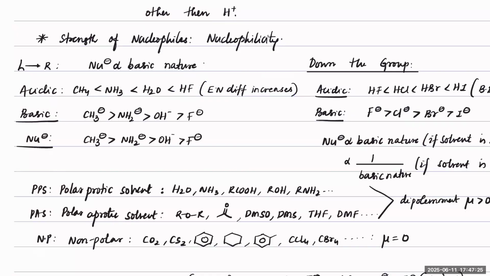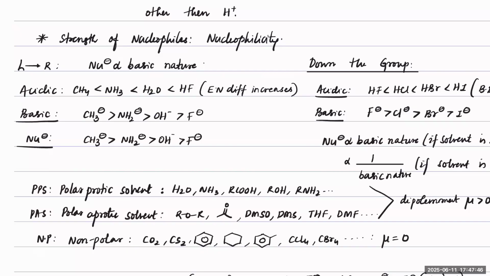So HF is more acidic compared to water, compared to ammonia, compared to CH4. And relatively, what would happen to its basic strength now? It will be exactly the opposite: CH3 minus, NH2 minus, OH minus, and F minus. That will be the basic strength.